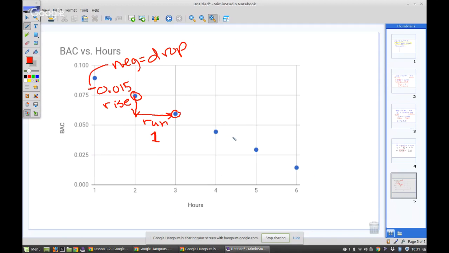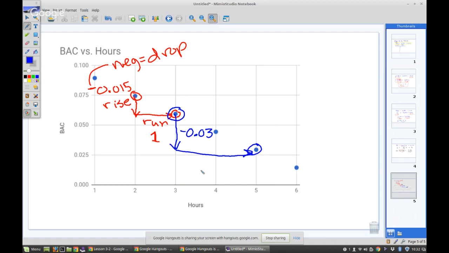Now, when we looked at this the other day, our table had 3 hours and our table had 5 hours. Anybody remember what we calculated as the drop for 3 hours? It's negative 0.03, wasn't it? What's the run when I go from 3 to 5 here?